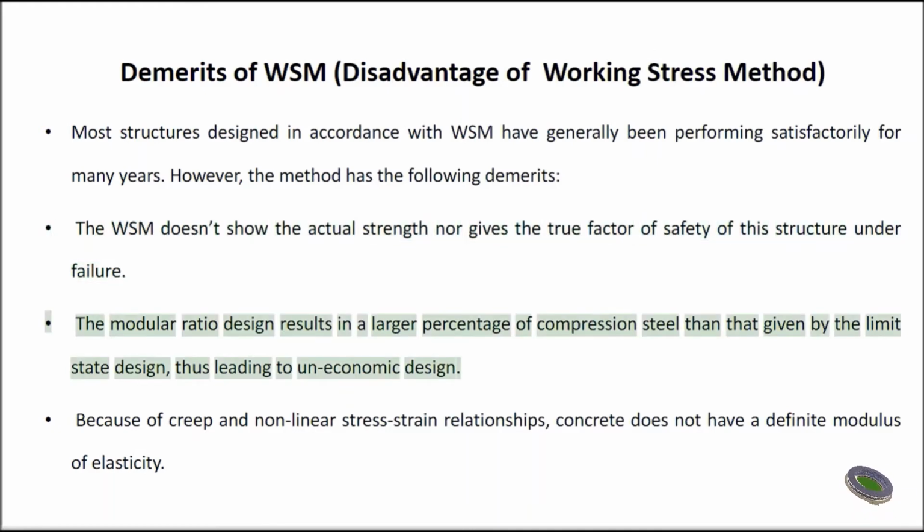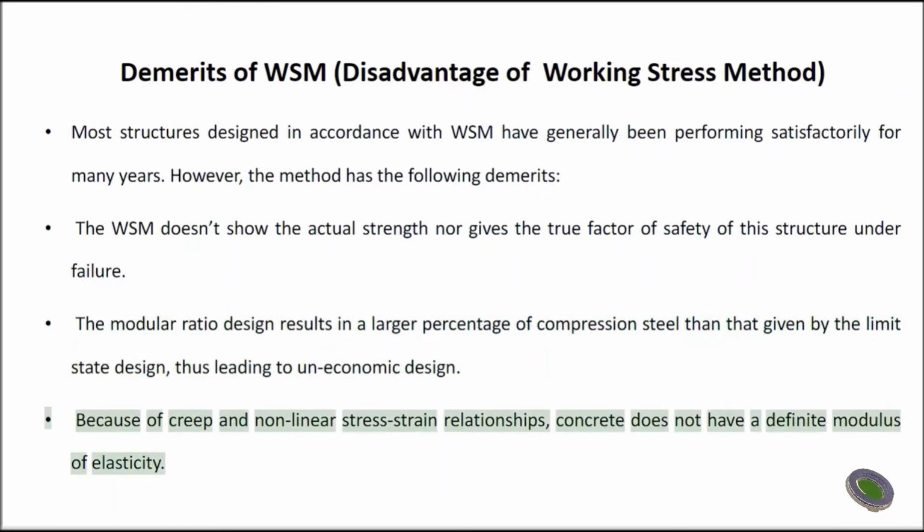The modular ratio design results in a larger percentage of compression steel than that given by the limit state design, thus leading to uneconomic design. Because of creep and nonlinear stress-strain relationships, concrete does not have a definite modulus of elasticity.